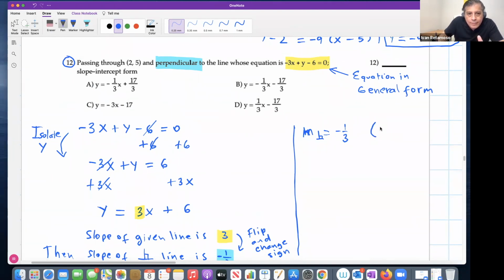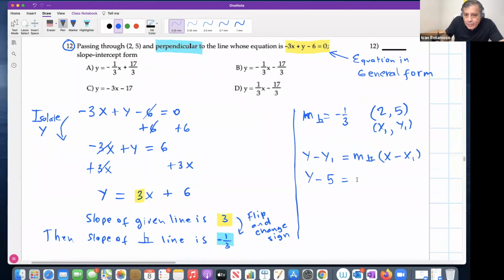So 2,5, this guy is x1, y1. So y minus y1 equals m, the slope of the perpendicular line, times x minus x1, right? Y minus 5 equals the slope, which we said is negative 1/3, times x minus x1. X1 we are saying is 2, right?